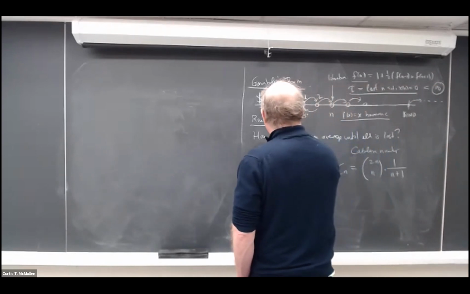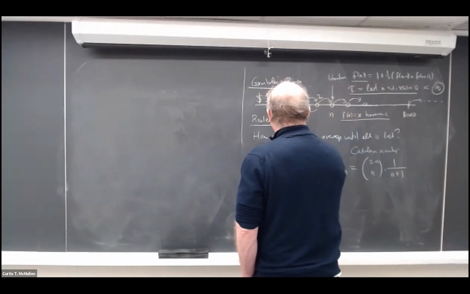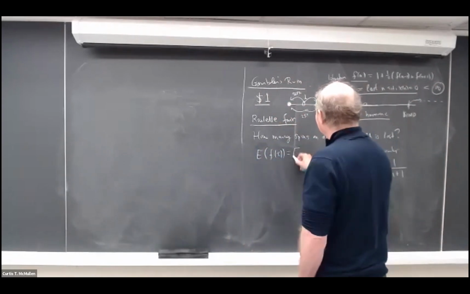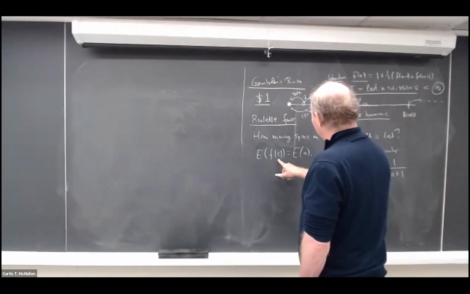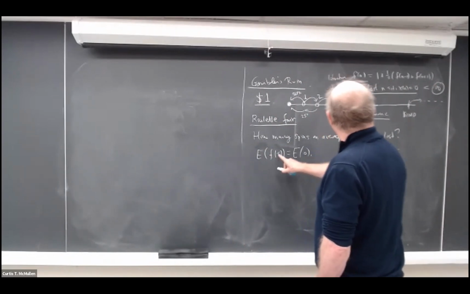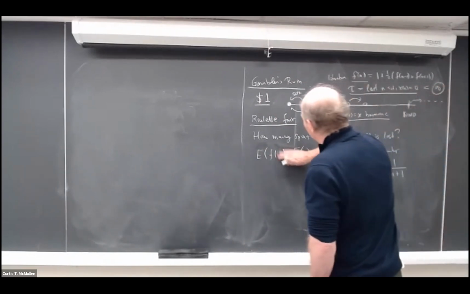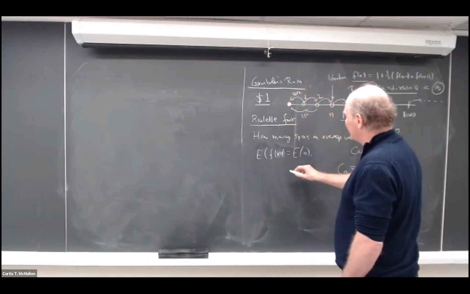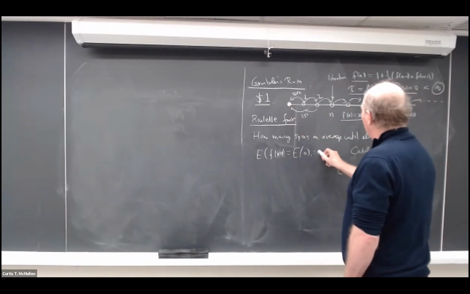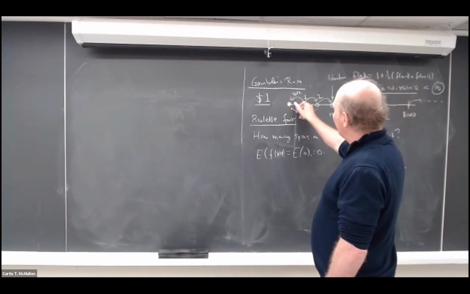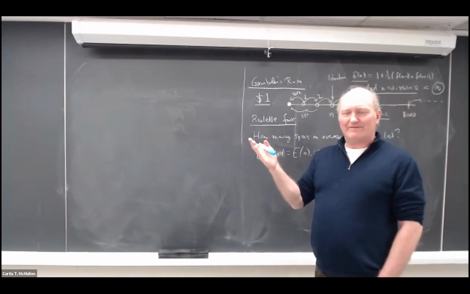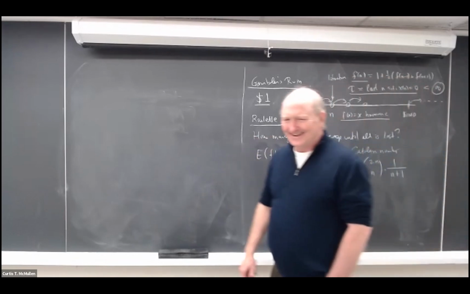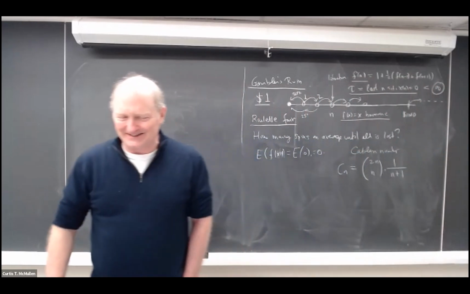And yet we know exactly what the expected value of f of tau is, because tau is the moment you return to 0. So this is f of 0, which is 0. So we started with $1, and yet when the game terminates, we have nothing. So something strange happened, contrary to the theory of martingales.